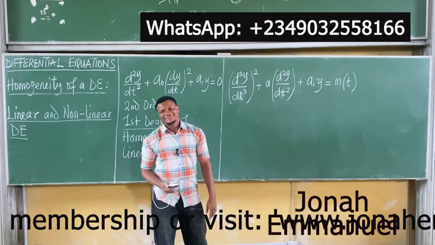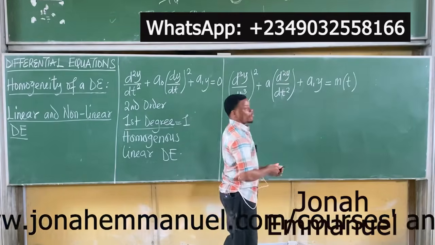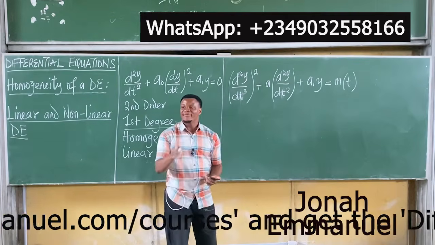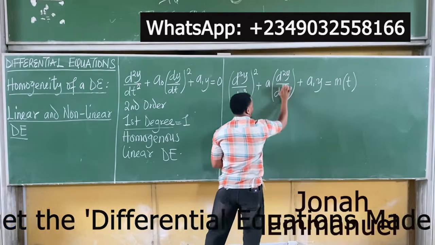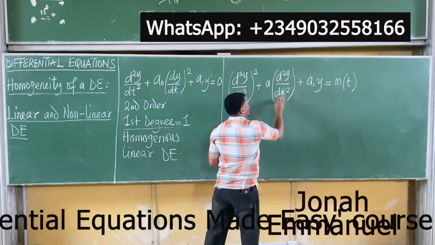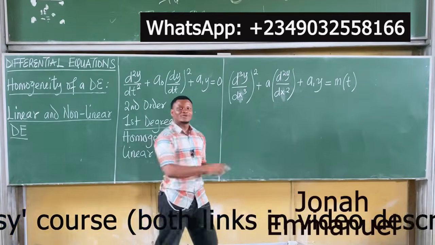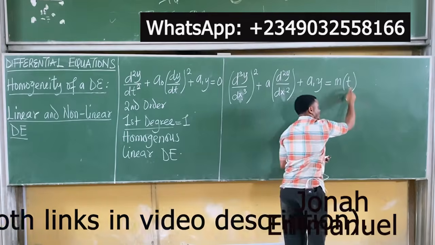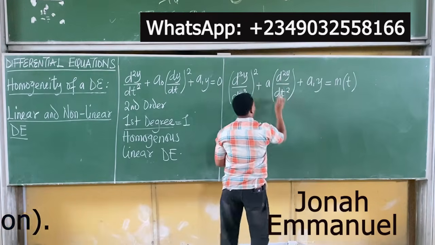This is correct. What would have been wrong is if I had done this x and x, because the function is t. Understand this thing.